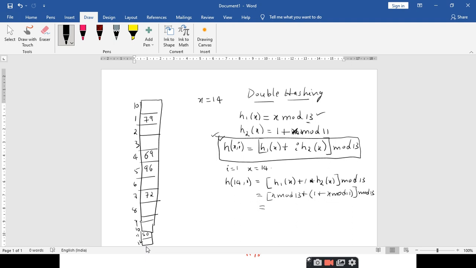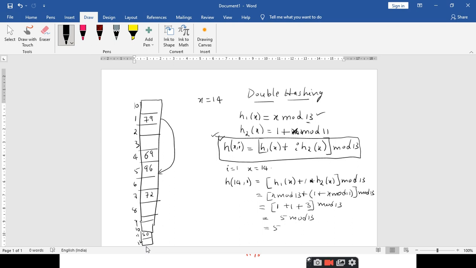That is 14 mod 13, which is 1. Plus 1 plus 14 mod 11, which is 3. That is 1 plus 1 plus 3, which equals 5 mod 13. So 5 mod 13 is again 5. So I go and probe the fifth location. Again this is also occupied.